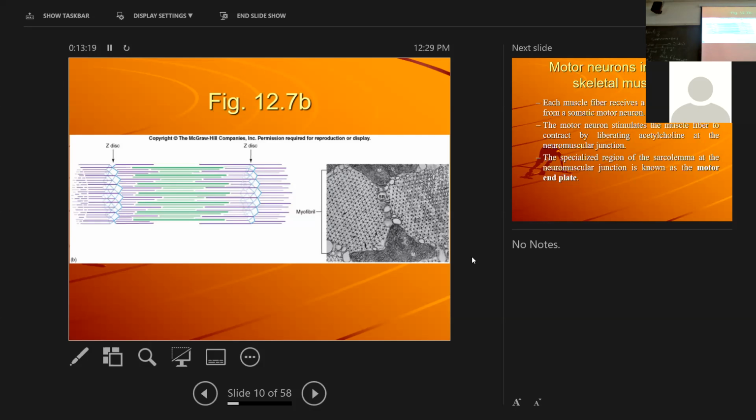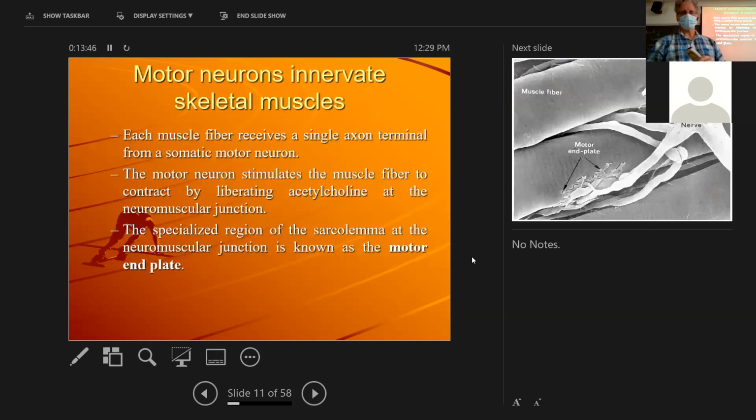That's in cross section. And then you're of course going to have lots of mitochondria and aspects of the so-called sarcoplasmic reticulum. There's the endoplasmic reticulum in muscle cells, which has been modified to form a structure that stores calcium. There's your myofibrils, thick and thin filaments. We'll revisit the sarcomere in just a bit.